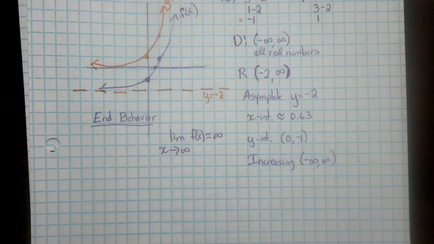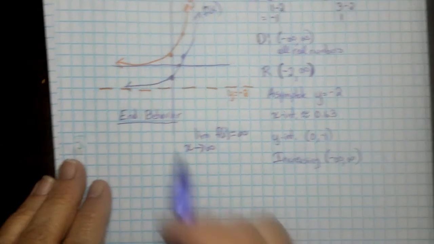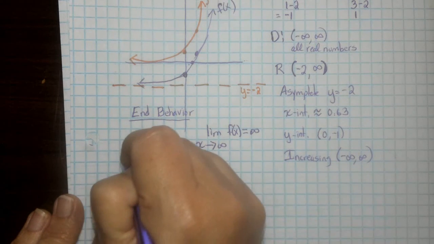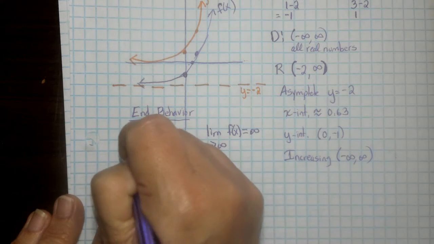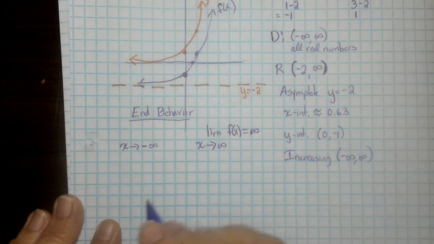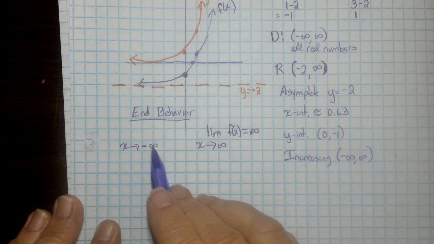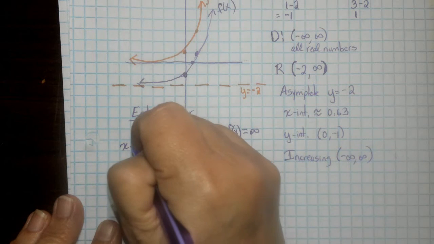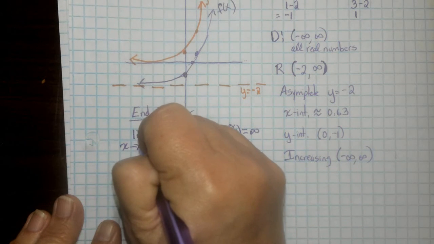Okay, so now I have to do the other end. So the other end is as x approaches negative infinity. So x approaches negative infinity, and then the limit, LIM, gets written on top of that.